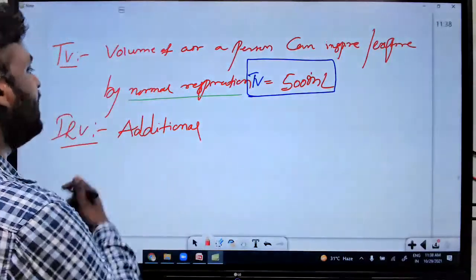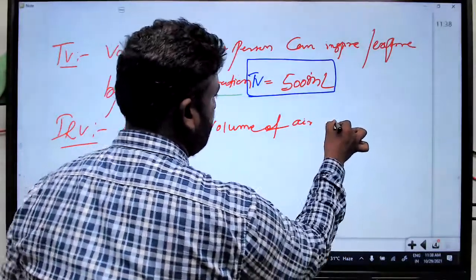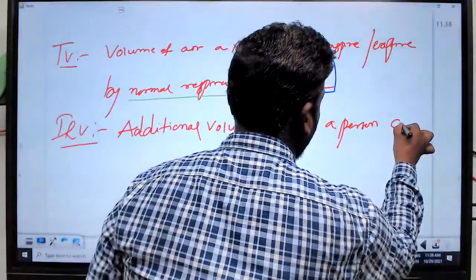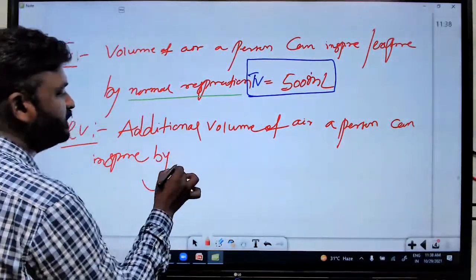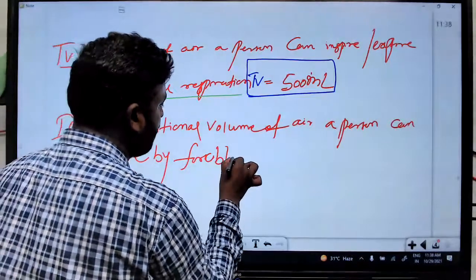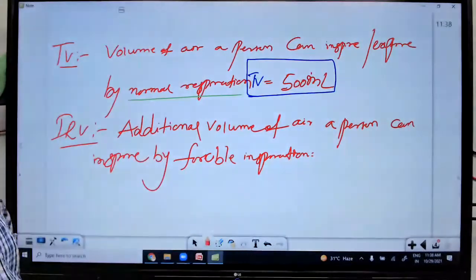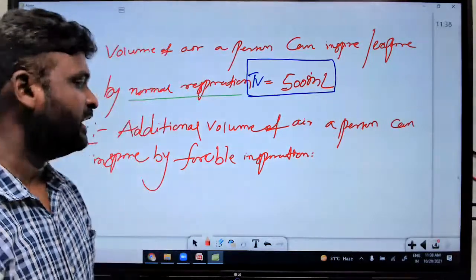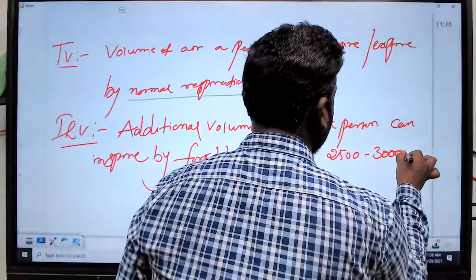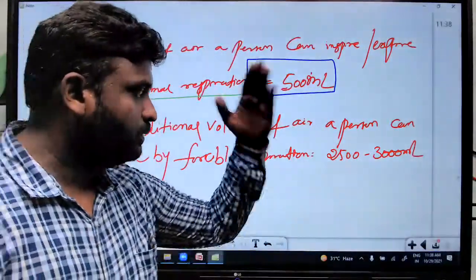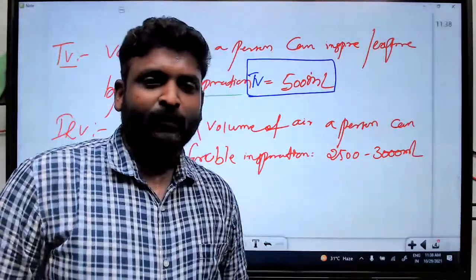So the additional volume of air a person can inspire by forcible inspiration is called inspiratory reserve volume. It's approximately 2500 to 3000 ml, meaning 2.5 liters to 3 liters of air you are inhaling by forcible inspiration.